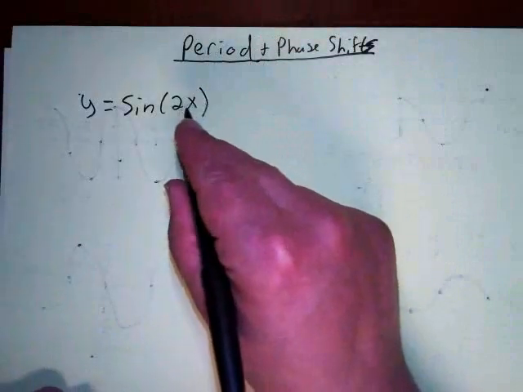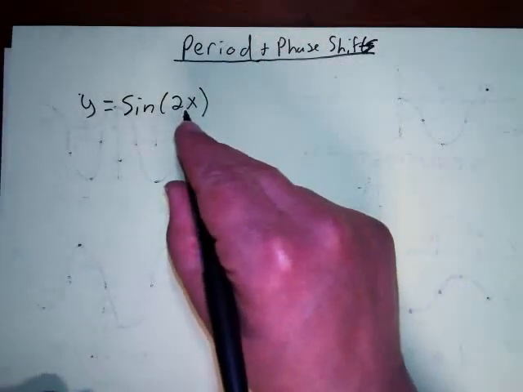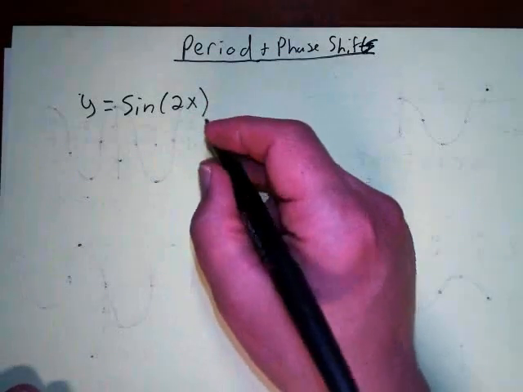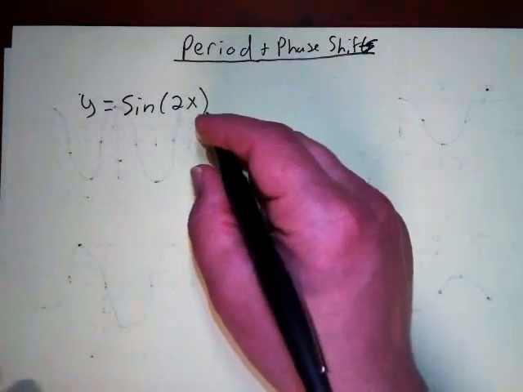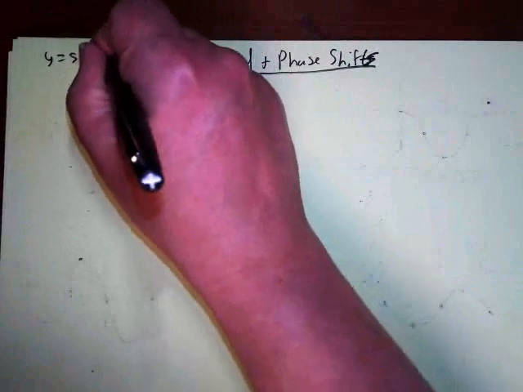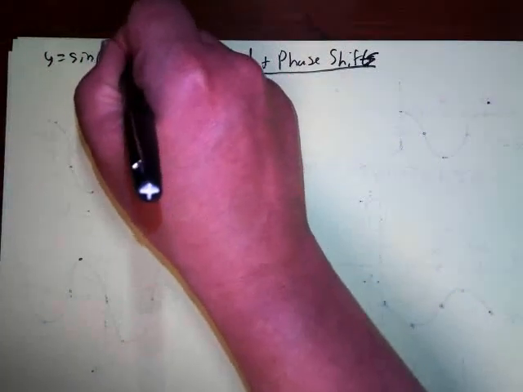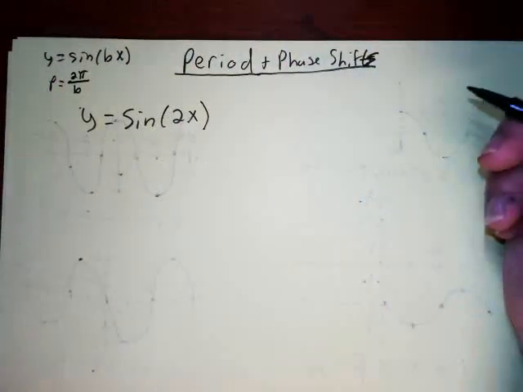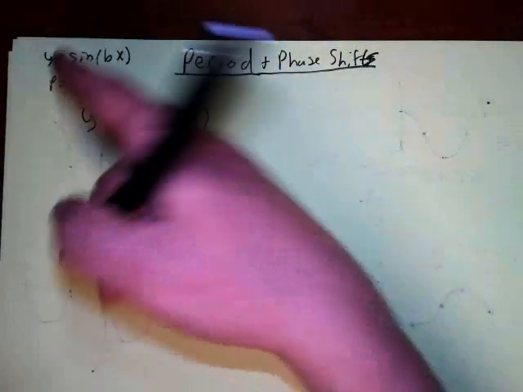So what that 2 does here is it changes the period. So something multiplied by the x will change the period. Okay? And here's the relationship. So if I have something like y equals sine of bx, like this, then the period of the graph is going to be 2 pi, which is the old period, divided by b. Okay? And this will be the new period.